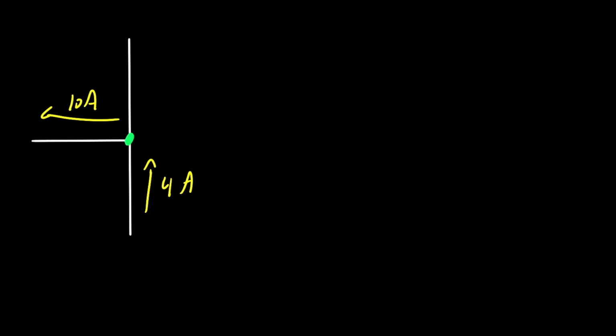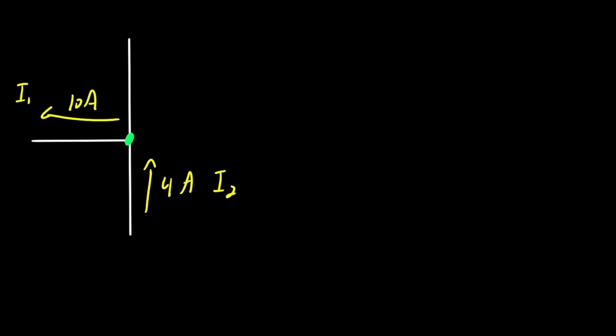Now, the fact that current is going in and out of the junction is a big deal because that dictates the direction of current relative to the junction. And we're going to identify these as current 1 for 10 amps and current 2 for 4 amps.